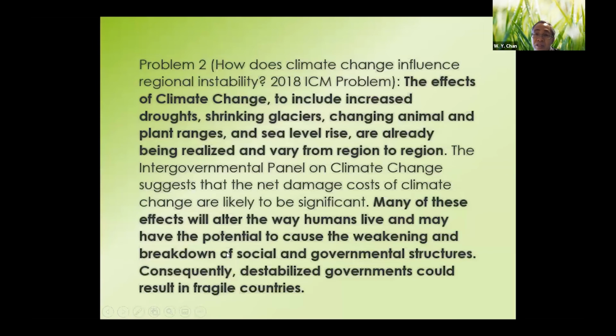And then the other one is also from the ICM problem. This is accessible in the code map and then the website. The effects of climate change, including droughts, glacier shrinking, changes in the range of animals and plants, and also sea level rise, are already realized, and vary from region to region.